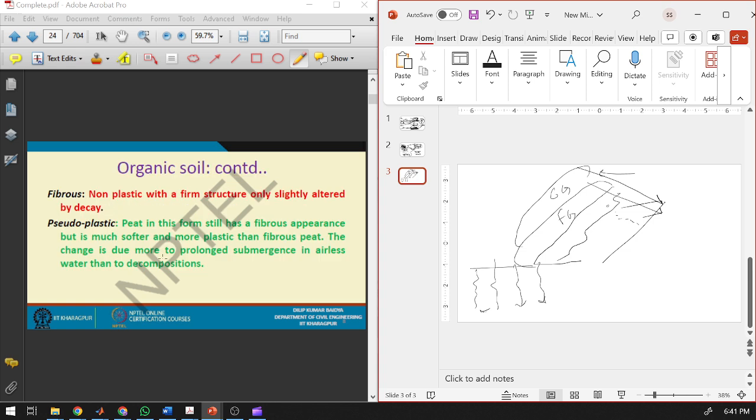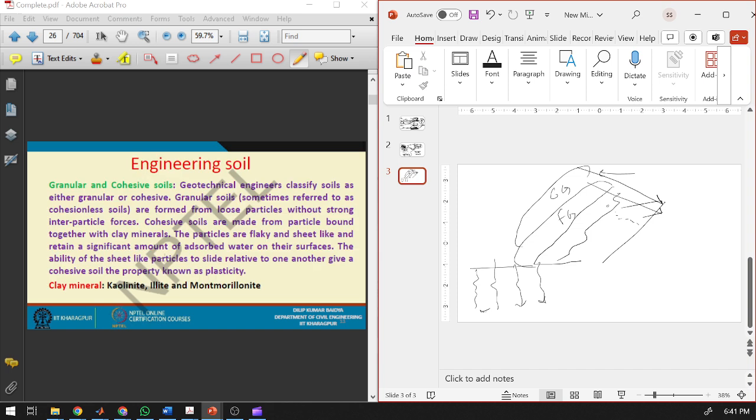It can be fibrous, pseudoplastic, or amorphous. In the engineering sense, we talk about granular soils and cohesive soils. Granular soils are sands and gravels, and cohesive soils, which have cohesion, are clays, and not even silts. Silts have very low cohesion.